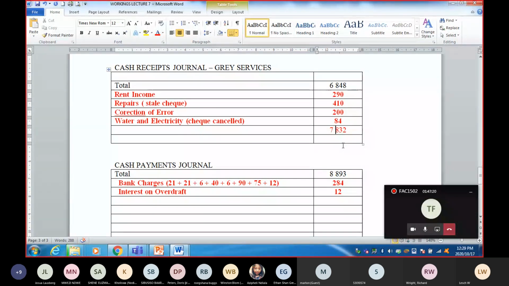I have updated now my cash payments journal. There was an opening balance of 8,893 plus the 284 Rand bank charges and the 12 Rand interest on overdraft will give you now a total of 9,189.